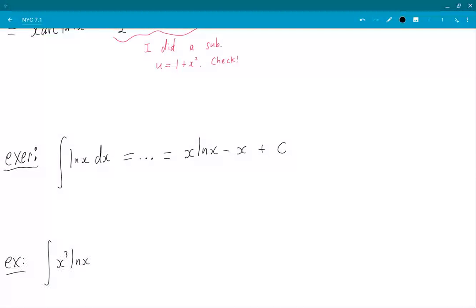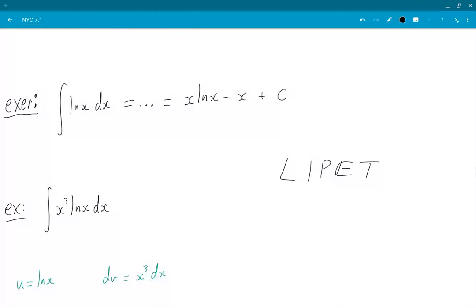Okay, here's an example. Oops, I lost my dx on the end. Here's an example that's a bit more interesting. What do we choose? u equal to x cubed or u equal to ln of x? Well, following our LIPET, we see that L comes before P. So we're going to choose u equal to ln x, and dv is whatever's left.